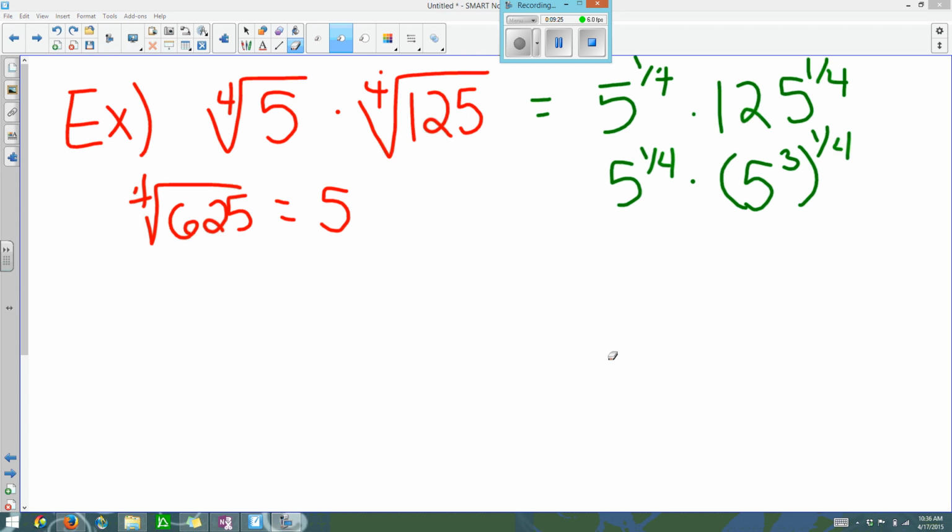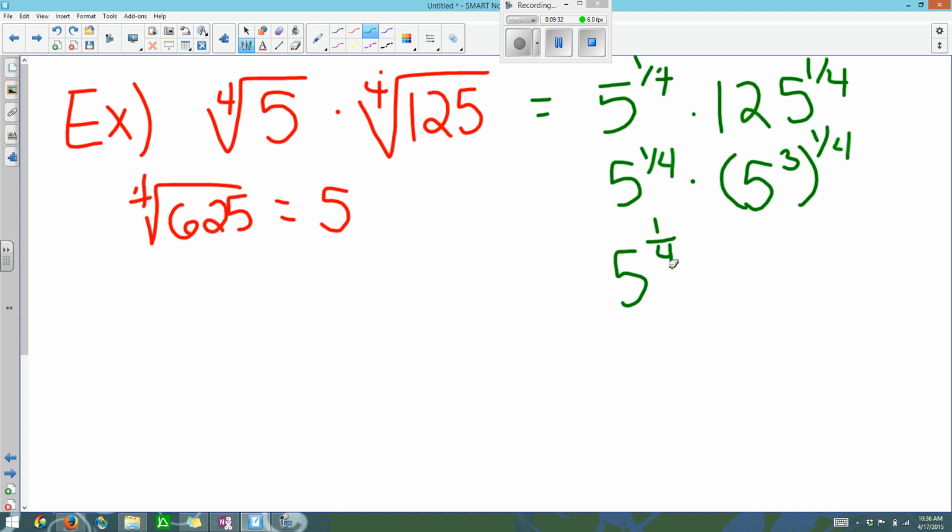So now I can rewrite my expression as 5 to the 1/4 times 5 to the 3/4, right? Because having an exponent being raised to another exponent, you multiply the two exponents. Okay, now that I have the same base and they're being multiplied, what can I do to the exponents?